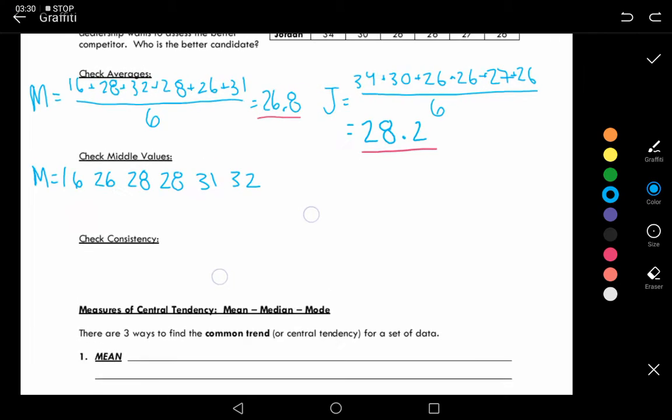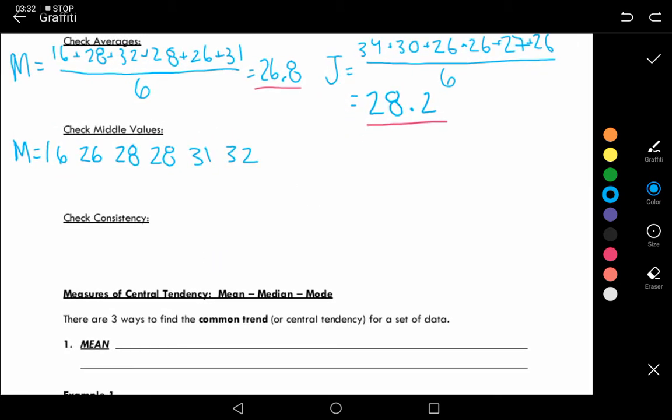That makes more sense. If we're looking at the middle values here, notice how we have 6 numbers. So the middle would be technically between these 2 numbers here. In order to figure out what that middle value is, we have to take the average of those 2 numbers. Because those 2 numbers are the same, it's pretty obvious what our average will be. If we add both of these up and divide by 2, we're going to end up with 28.